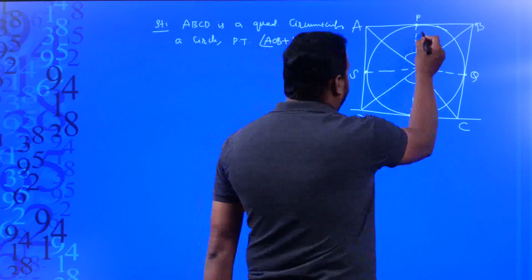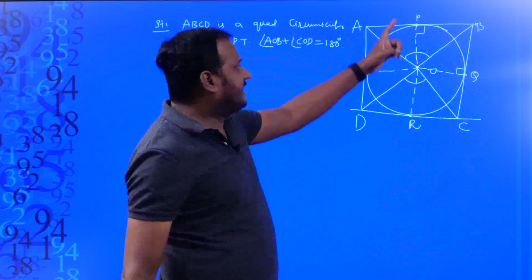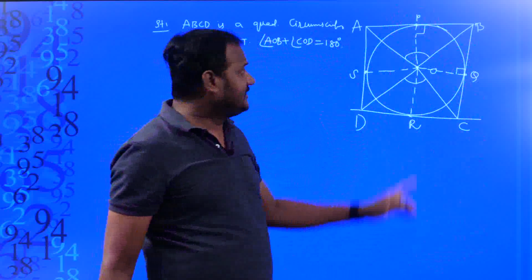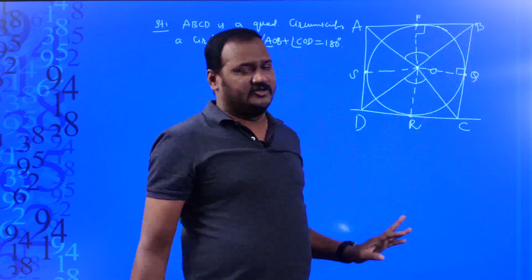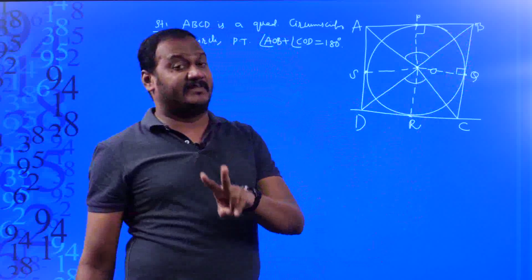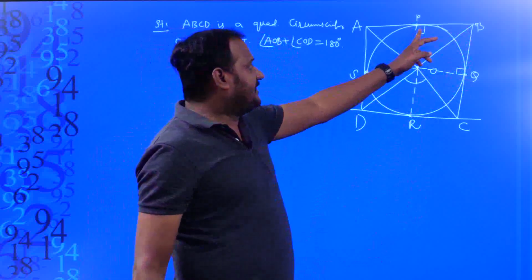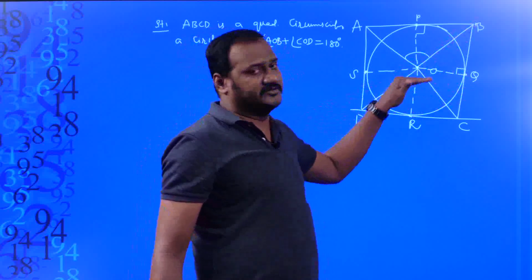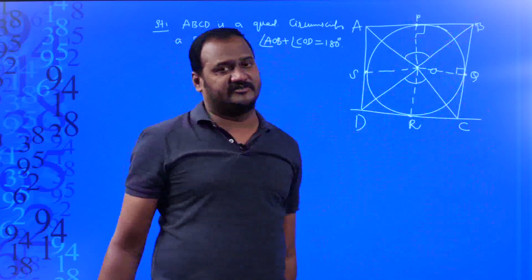Once you observe, this angle is equal to 90, this angle is also equal to 90. If you observe triangles POB and QOB, those two triangles are congruent by RHS congruence. You know why? Angle P is equal to 90, here also it is equal to 90, and OB is equal to OB, that is the common hypotenuse. OP is equal to the radius, OQ is also equal to the radius.